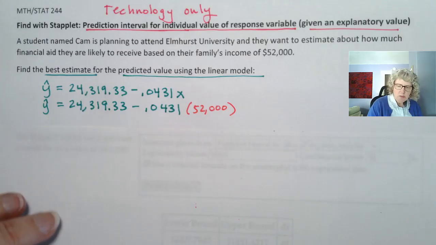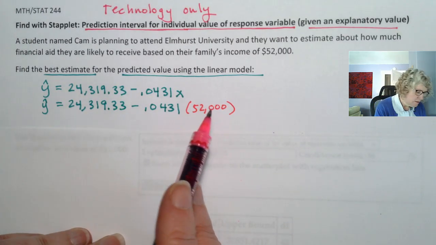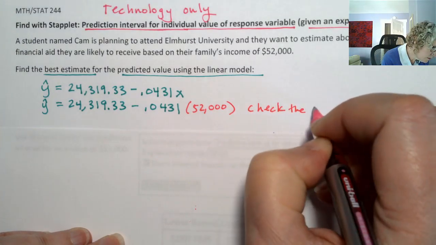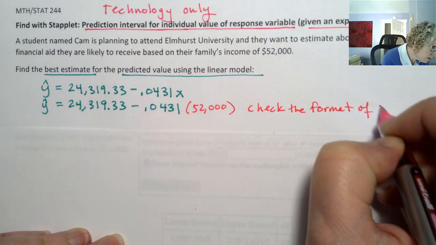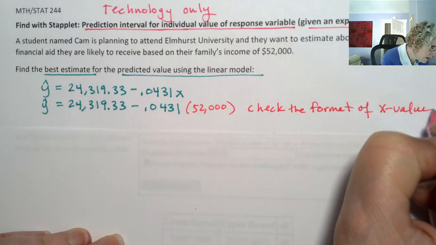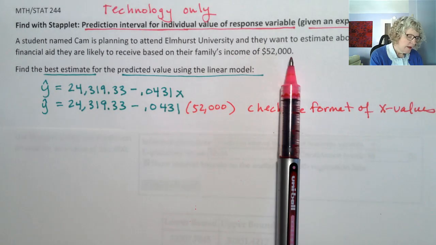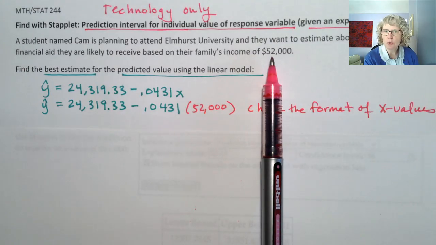Really important here, we want to double check the format of the x values. Let me write that down first. Check the format. What do I mean by that? Well, this income was 52,000, but maybe in the data set it's in thousands, and so it's only entered as 52.